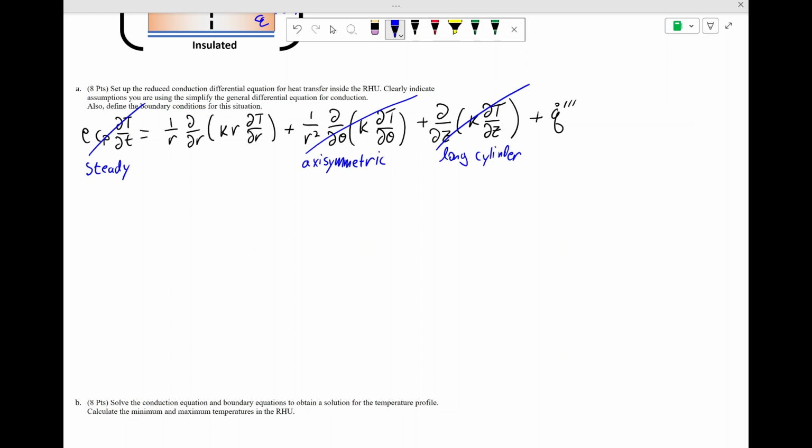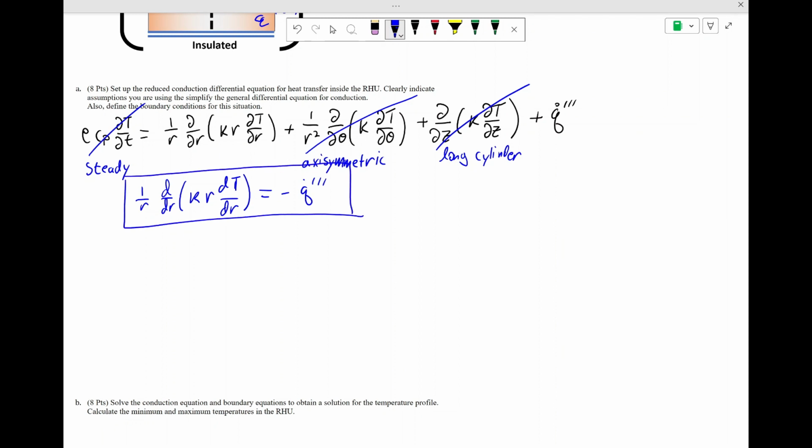We have 1 over r d/dr, and since r is our only variable left, we can write this as a regular derivative, not a partial derivative, of k r dT/dr, and that's going to equal minus q dot triple prime. So that's our governing equation.